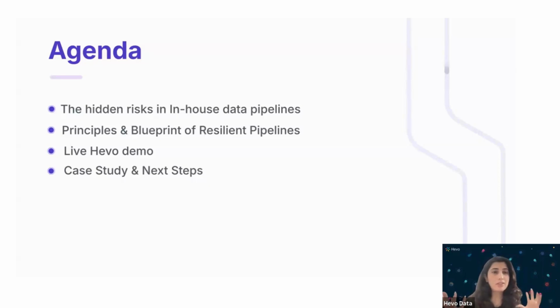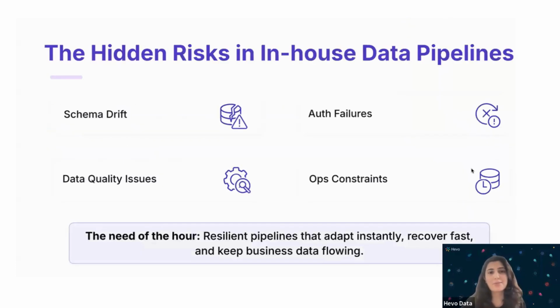What does it mean to have resilient data pipelines? Then we go to the live demo where we'll show you how to build those, and also a case study that we have heard live from the customers, how they built their pipelines and made sure that they were able to make use of Hevo at the maximum.